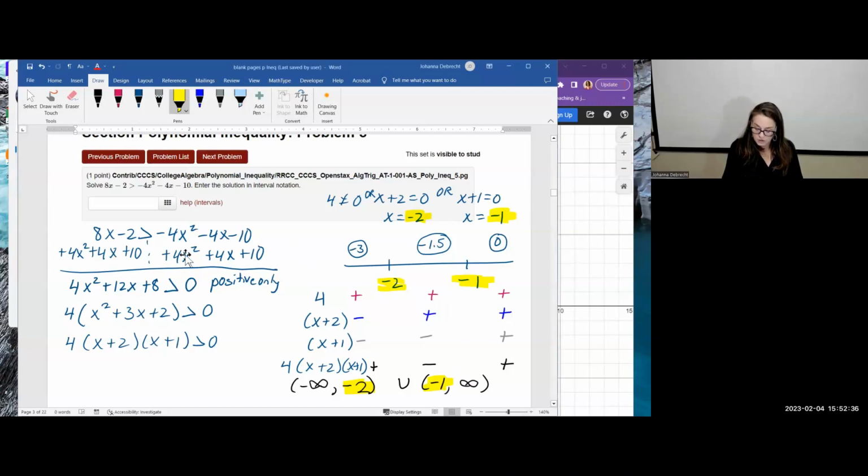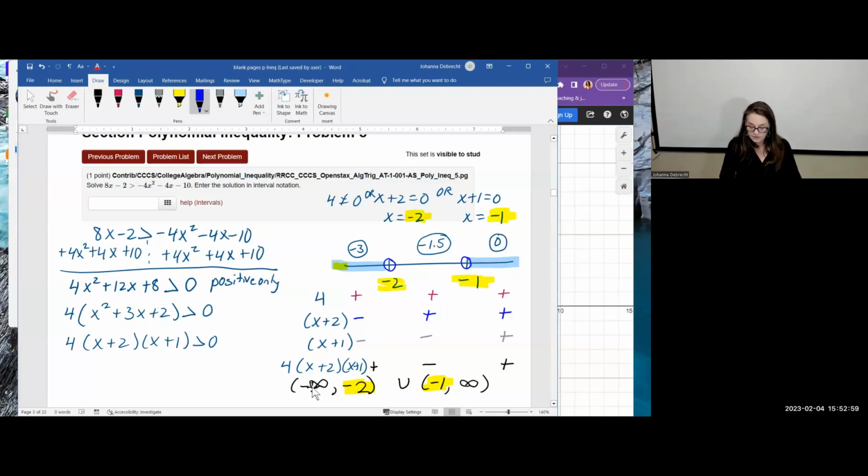Another thing that you can do is mark off on the number line. We want to go to here, and we want to go to here. But we don't want to include those numbers. We want them to be empty because it's not or equal to. Notice that this pattern matches what we have in the interval notation.